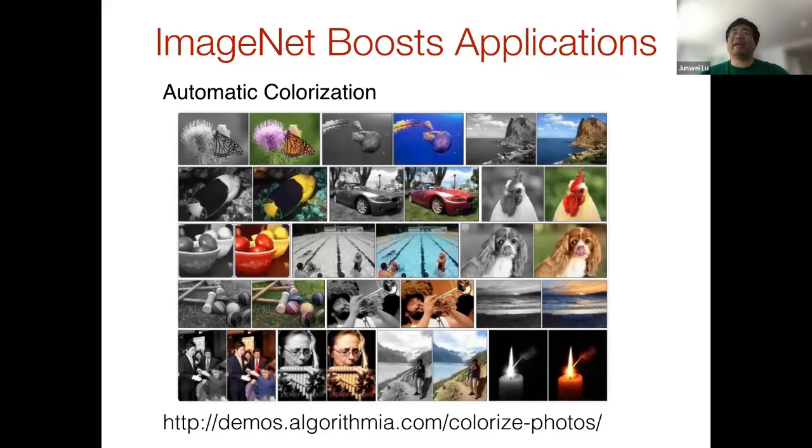You make it blue because you need to understand that it's a swimming pool. So colorization is an amazing application, because if you can successfully colorize these images, the algorithm definitely understands what's happening in these images.